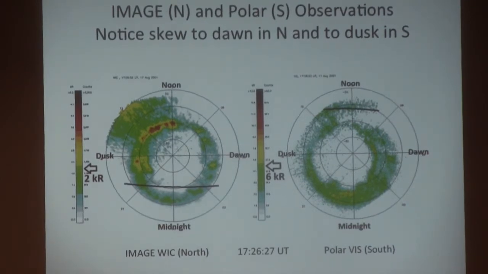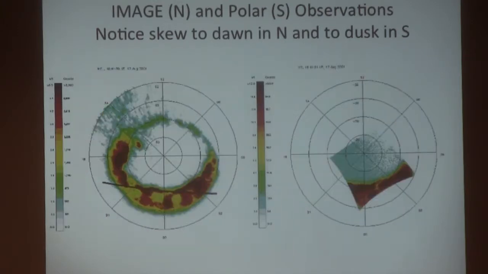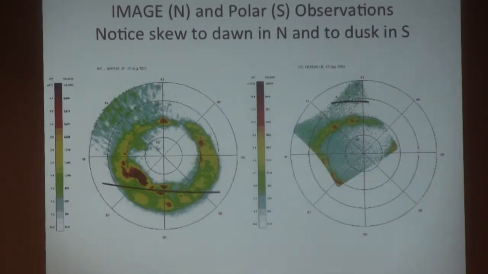And one thing you immediately notice is how shifted this is. This is about 5 degrees shifted toward dawn, and this is about 5 to 10 degrees shifted toward dusk in the southern hemisphere. Again, no big surprise for those of us who've looked at convection patterns all our lives.